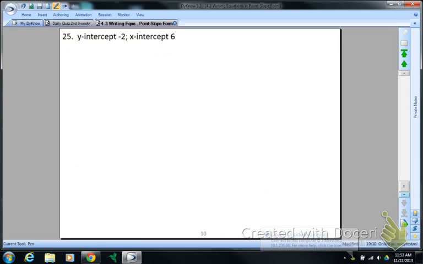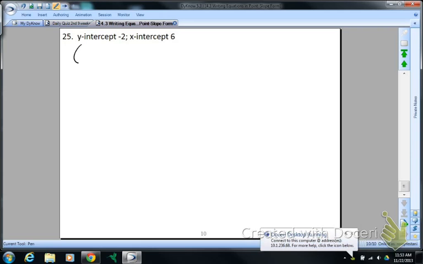Okay, skip down to number 25. It says y-intercept is negative 2, x-intercept is 6. Y-intercept is negative 2. We need to put that in an ordered pair. What is that in an ordered pair?